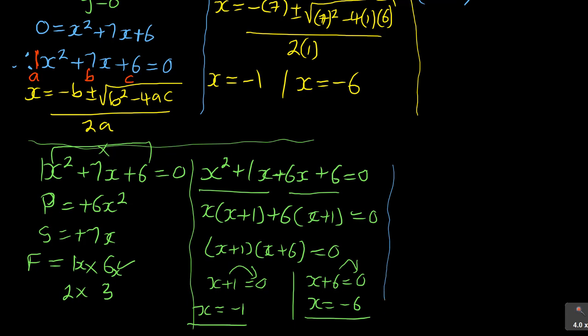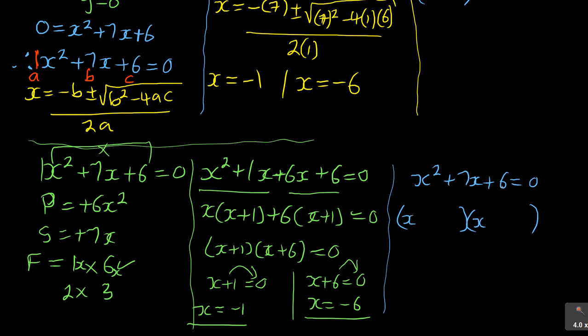Some people can solve the same question by spotting it. It is x squared plus 7x plus 6 is equal to 0, kind of a trial and error. So what they do is they open two brackets and they have x there, they have x there.